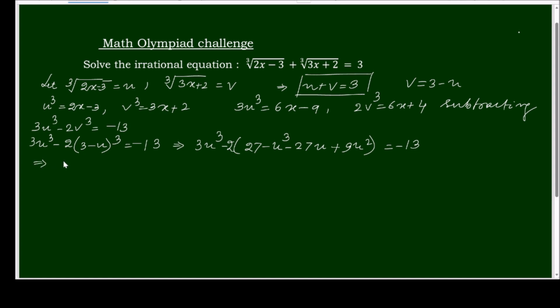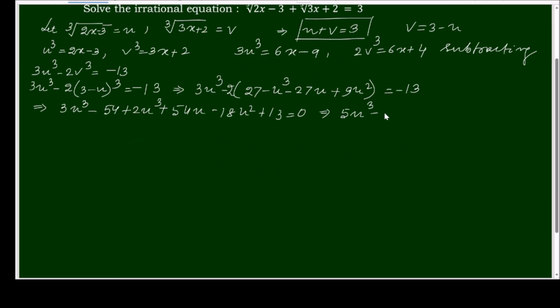Or 3u cube minus 54 plus 2u cube plus 54u minus 18u square plus 13 is 0, and this gives us 5u cube minus 18u square plus 54u minus 41 is 0.